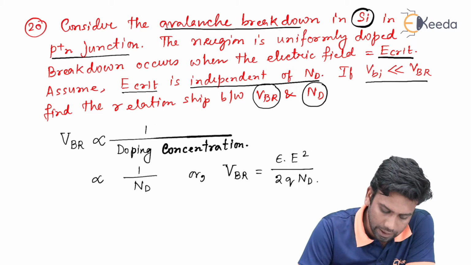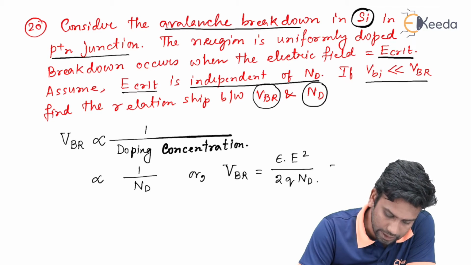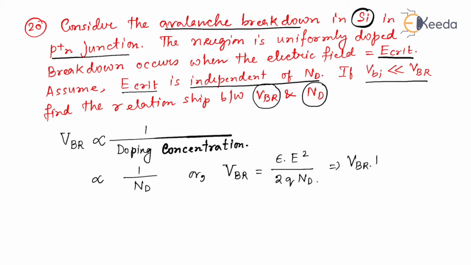So we can say from this equation that VBR into ND is equal to epsilon E square divided by 2 into Q. Epsilon is constant, E is constant, 2 is constant, Q is constant, so the total right hand side is constant.